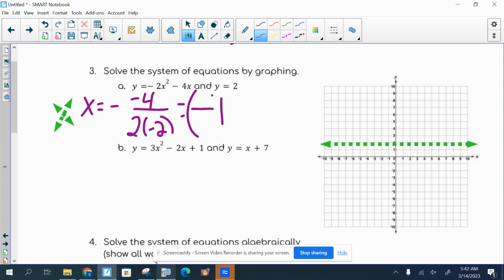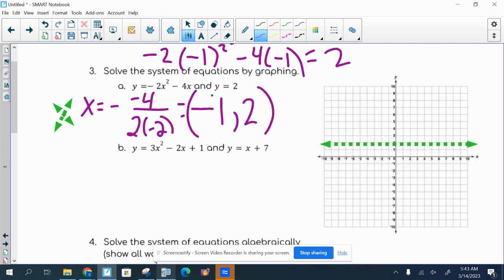And then if you plug negative 1 back into the x here, you would get negative 2 times negative 1 squared minus 4 times negative 1. So this will just be 1. So negative 2, this will turn into plus 4. So that'll equal 2. Check it on your calculator if you are not sure. So negative 1, 2 is the vertex.